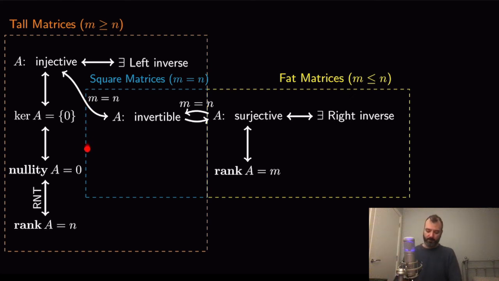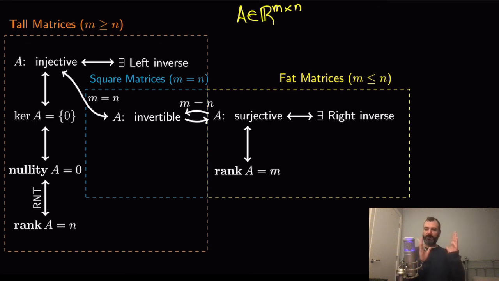One is the notion of a square matrix. A square matrix is like this. It looks like a square. It is n by n. The number of rows is equal to the number of columns. We are talking about matrices A that have dimensions m by n.